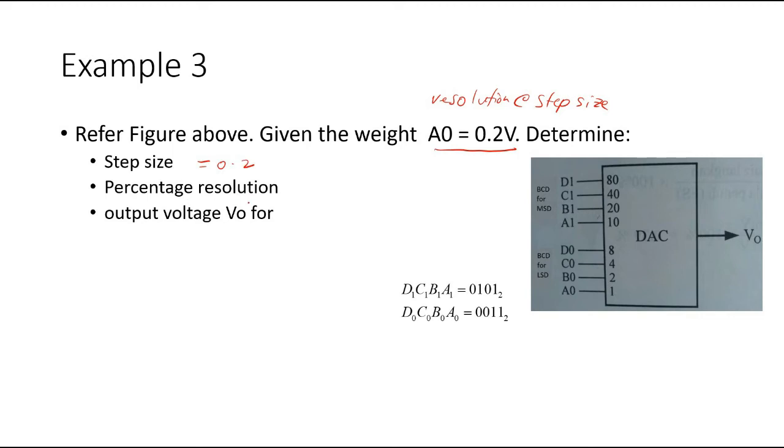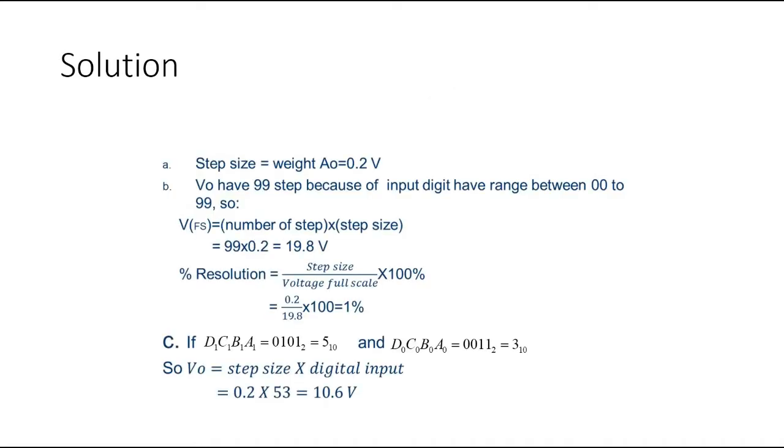Percentage resolution. Okay, the input digital range is 00 to 99. So V full scale equals the number of steps multiplied by step size.